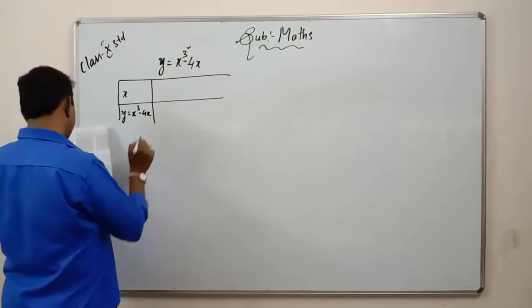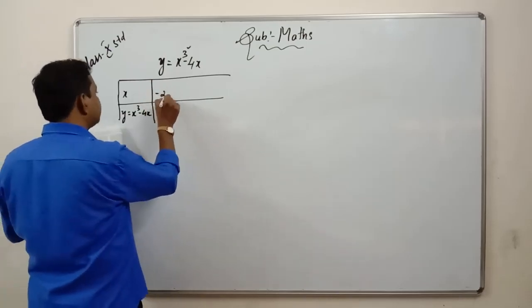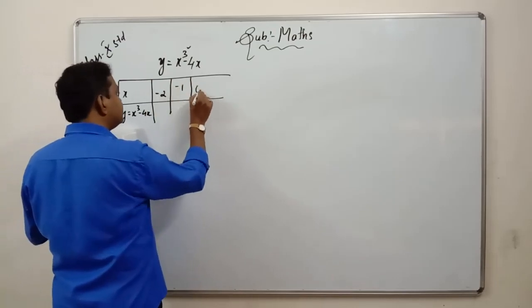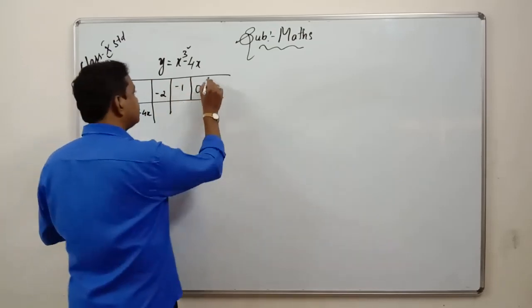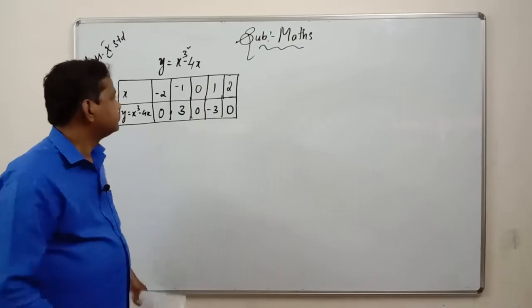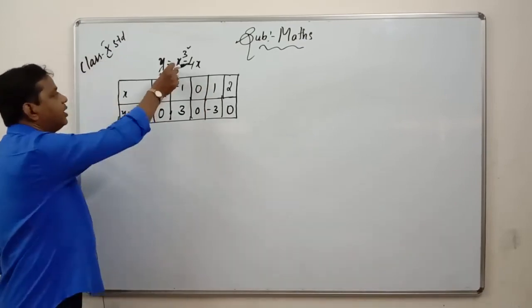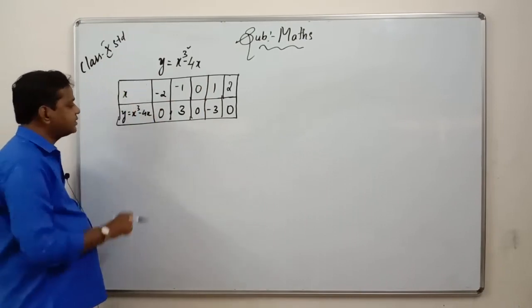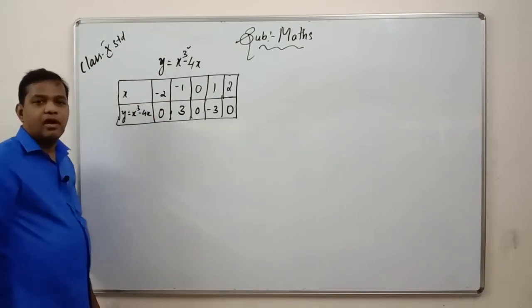The values are given here: minus 2, minus 1, 0. He has given the cubic polynomial y equals x cube minus 4x, and also the values of x and the values of y.